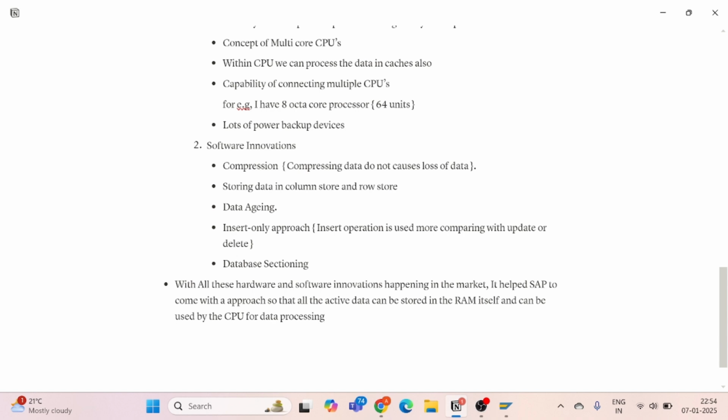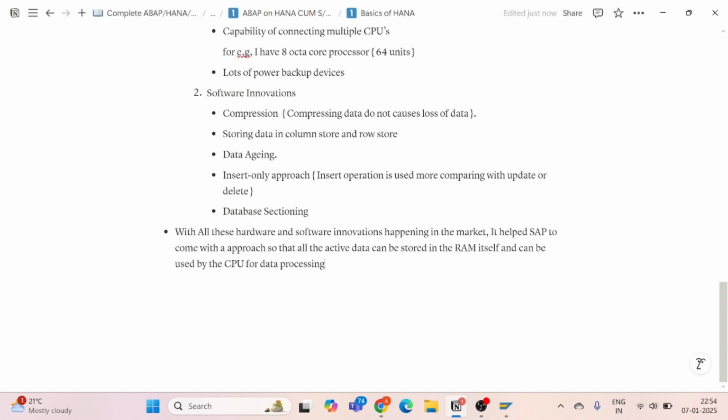With all these innovations, it helped SAP come with this approach of in-memory database.